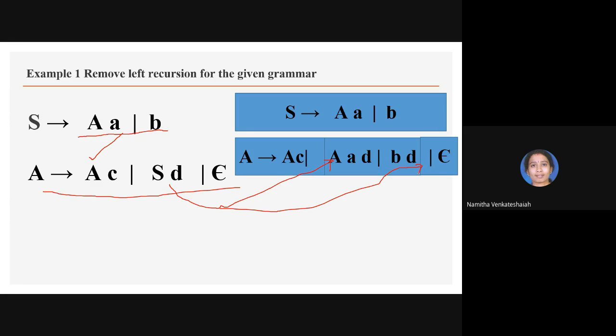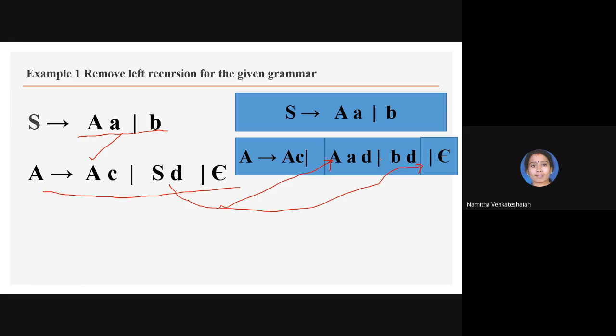So S is equal to AA or B is one thing, and A is equal to AC is one thing, or SD is there. So SD I just substituted. S can be substituted with AA, so it became AAD, and S can be substituted with B, so it became BD, or epsilon. This is nothing but I have just rewritten the question.